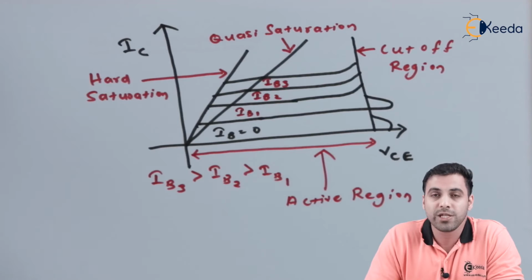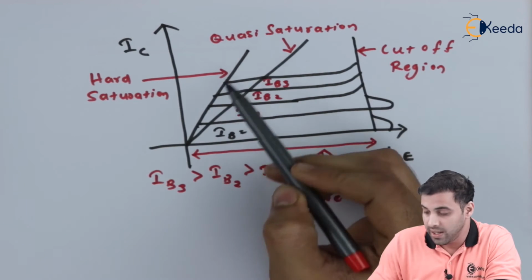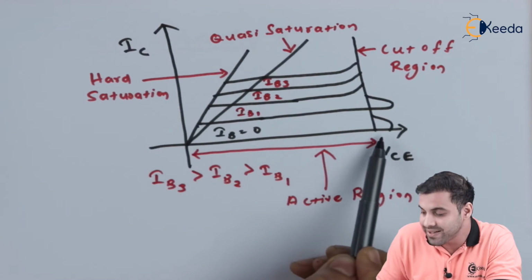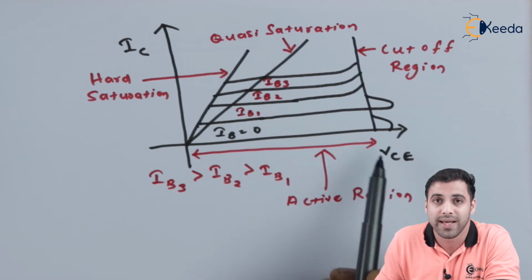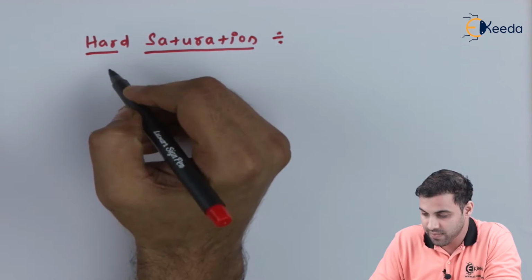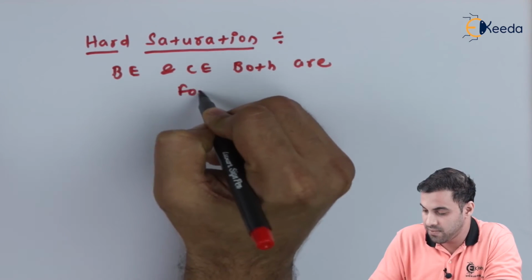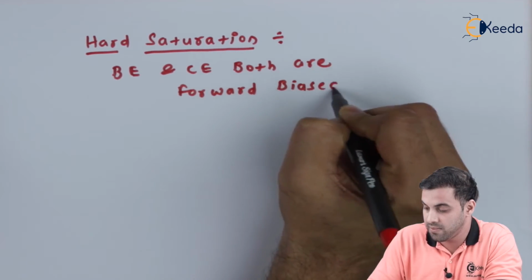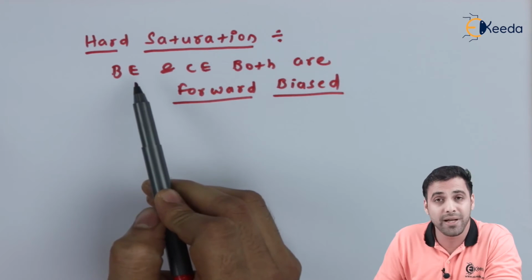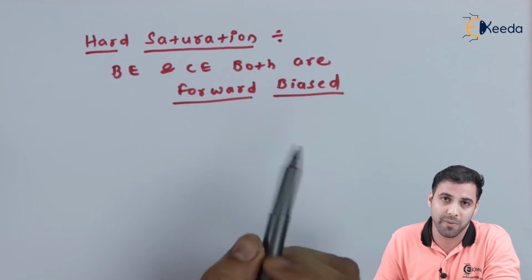So friends, in case of a hard saturation region, you all can see in this diagram, the collector current increases for a slight increase in the collector emitter voltage. This is because in a hard saturation region, the base emitter junction and the collector emitter junction are both forward biased.